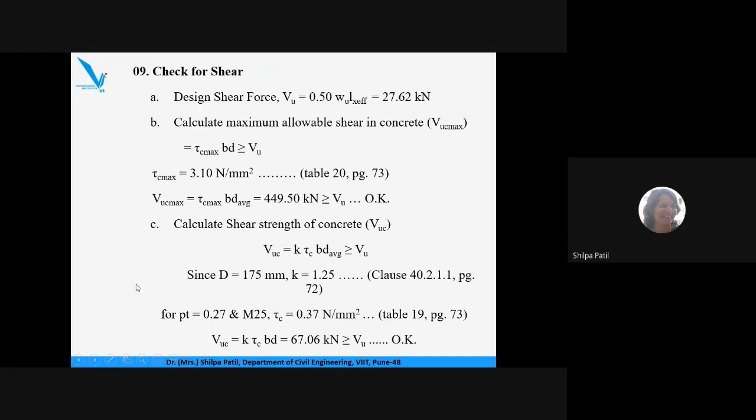So check for shear is getting satisfied. Now this check will always get satisfied if you are assuming a higher side depth. If you are assuming the depth to the higher side, you will always get this check satisfied. So when you decide the effective depth in the very first step for the design of slab, keep in mind all these checks.